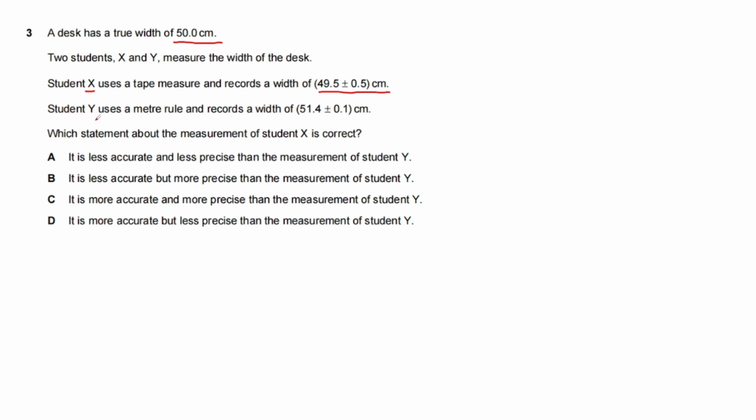Student Y uses a meter ruler and records a width of 51.4 plus or minus 0.1 centimeter. Which statement about the measurement of student X is correct? So here the options are given in terms of accuracy and precision. So you need to understand the meaning of accuracy and precision.